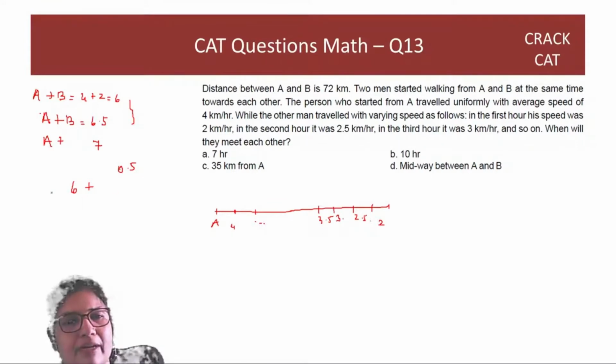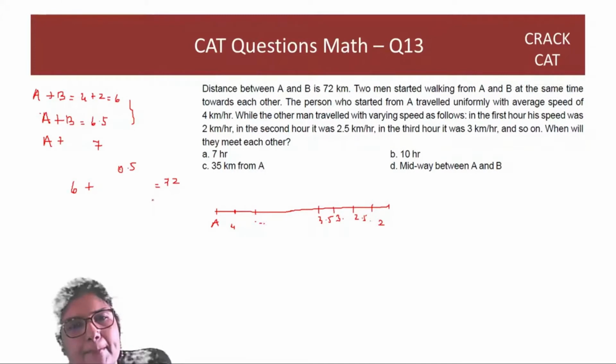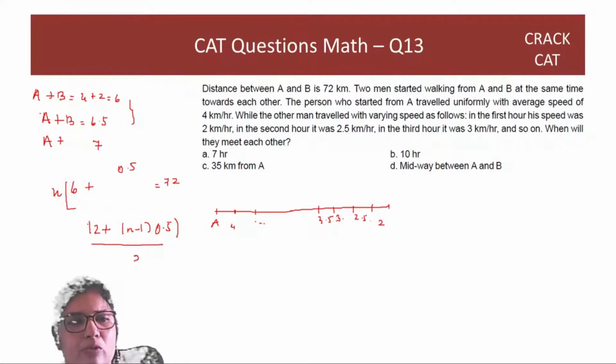And now you just have to find out when the sum will become 72. So you will have the number of terms n by 2, and 2a, so that's 12 plus n minus 1 into 0.5, divided by 2. So you need to solve this end to end.